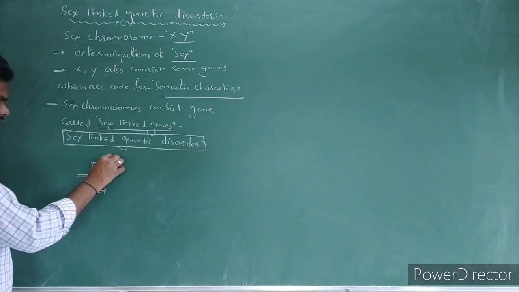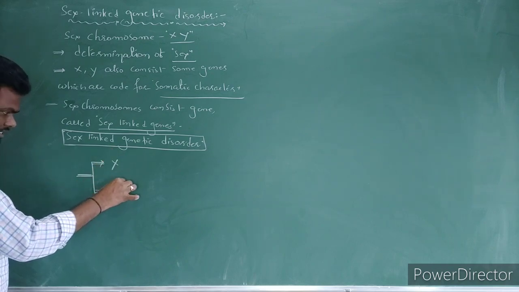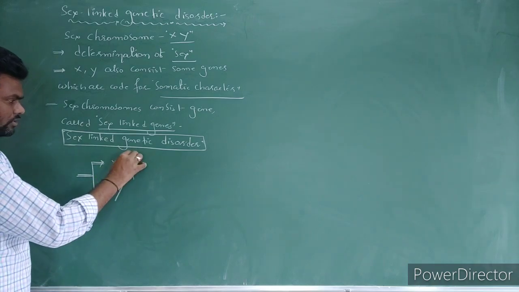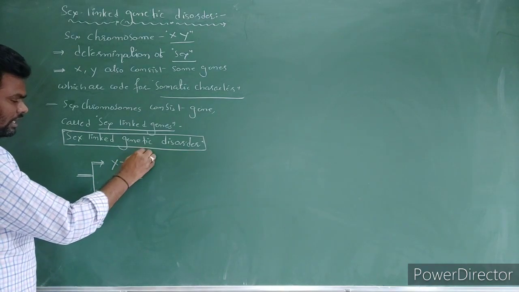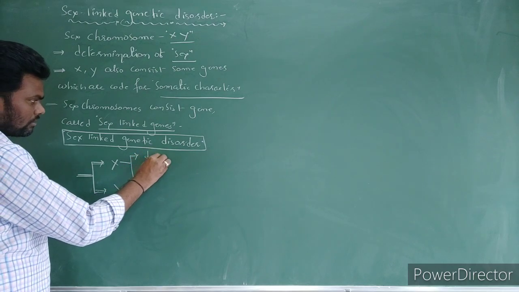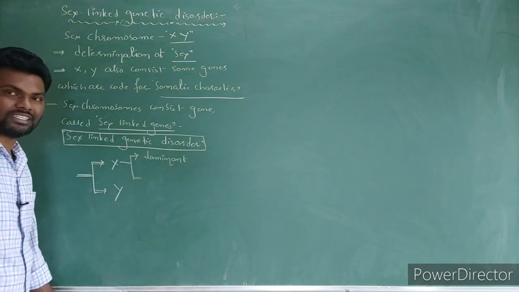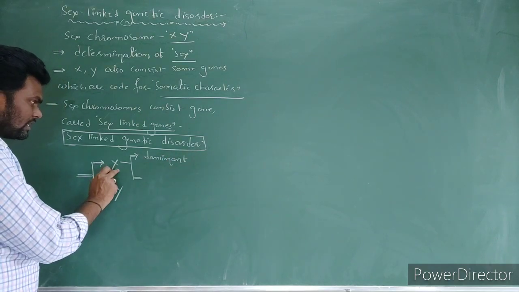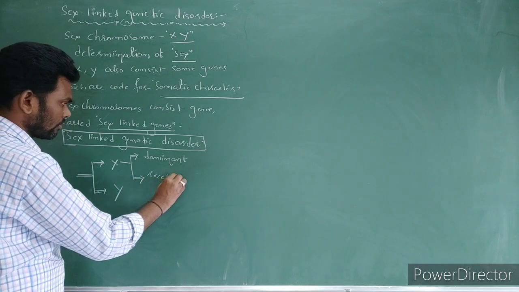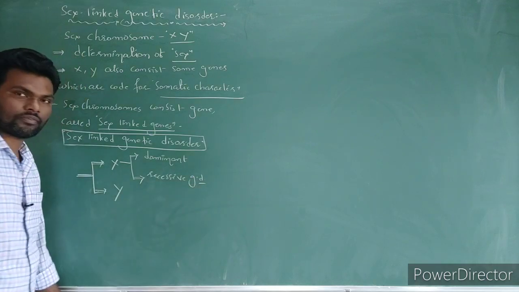Next, generally we can divide them broadly into two types. One is the X chromosome and one is the Y chromosome. The X chromosome we can again divide into two types: X-linked dominant genetic disorders and X-linked recessive genetic disorders.